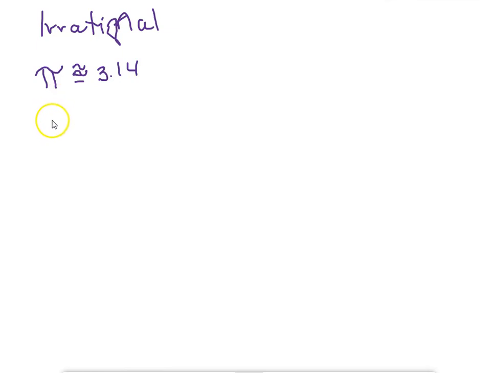Another one would be anytime we have a number under the square root that is not a perfect square. So if I have a 2 under here, I'm going to have 1.4142 something blah blah blah forever. It doesn't repeat, doesn't end, goes on forever.